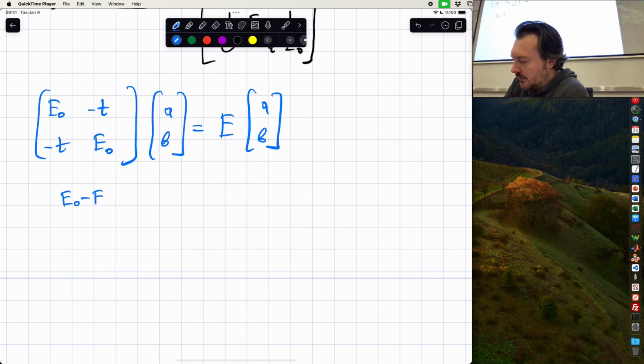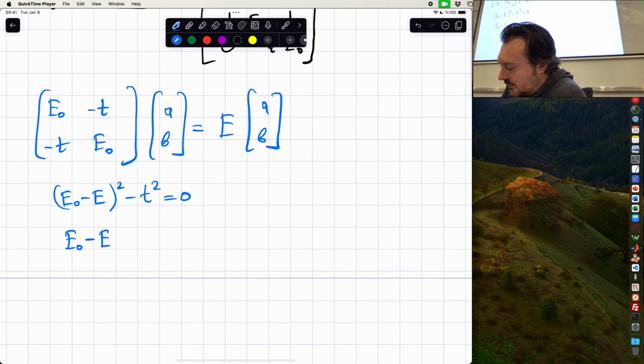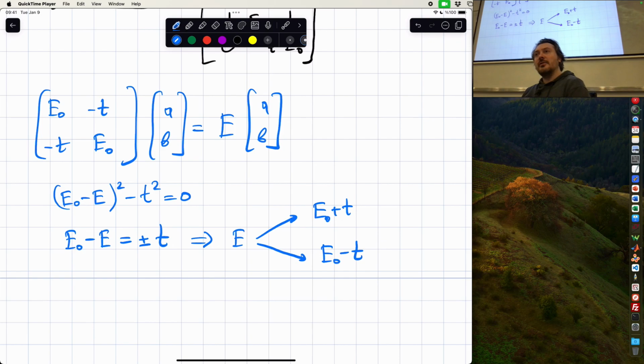E0 minus E squared minus T squared equals 0. Do you agree? Yes or no? So E0 minus E is equal to plus or minus T, which tells you that E is either E0 plus T or E0 minus T. Did you follow everything so far?